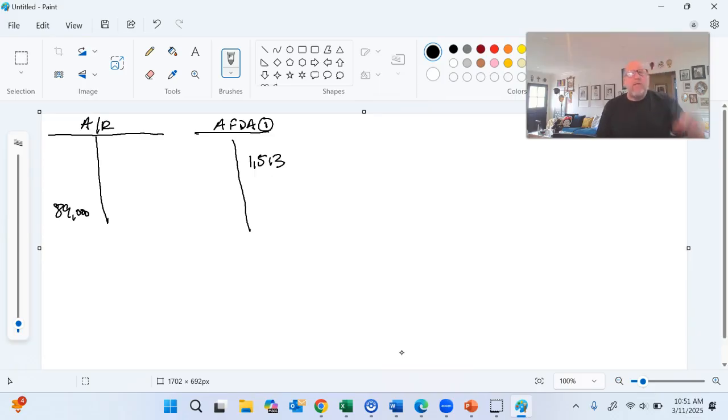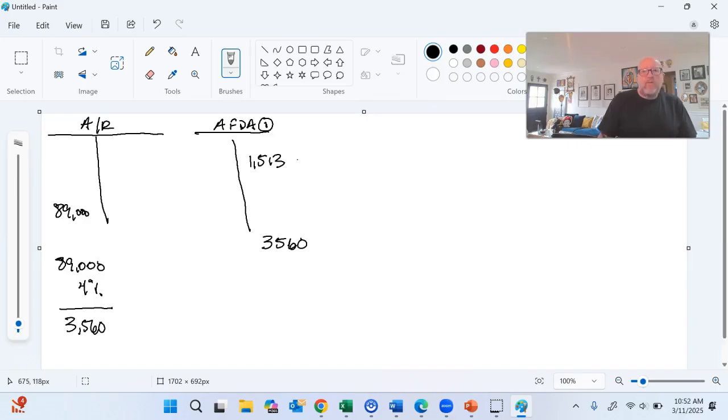So when I'm using the percentage of accounts receivable or the aged receivable approach, the first thing I'm going to do is calculate the amount of total uncollectible. And in our example, we said it was 4% of accounts receivable. So 89,000 times 4% is, I get 3,560.